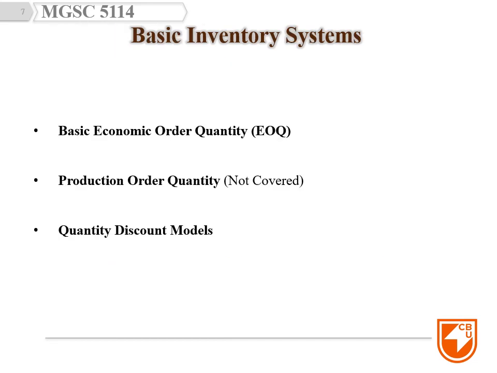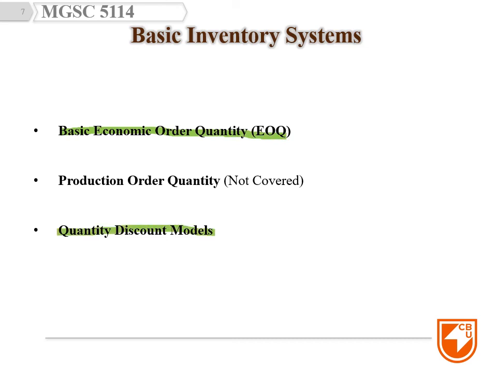There are several inventory systems and inventory models. In this course, we are going to focus on only two of them, which are the basic economic order quantity and quantity discount models.